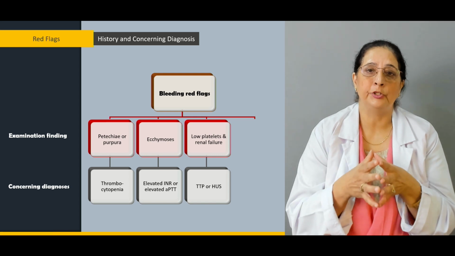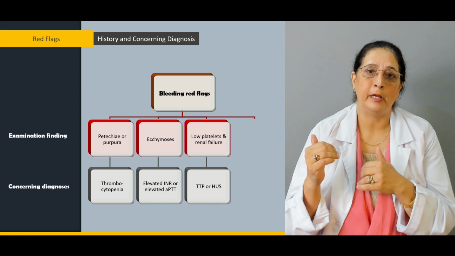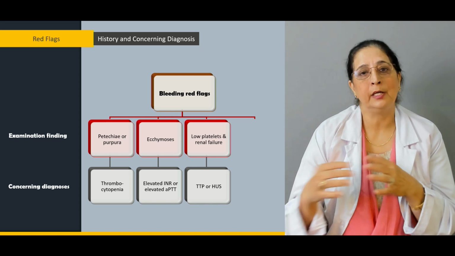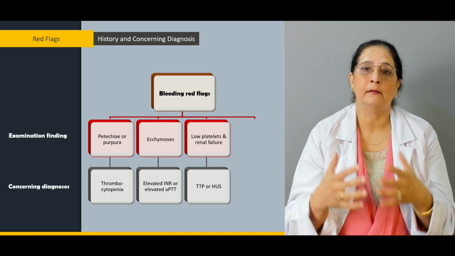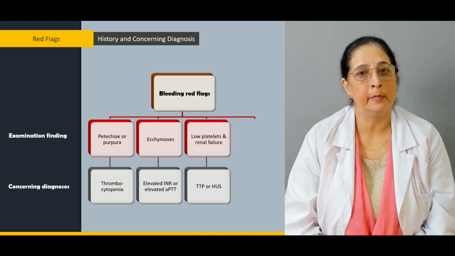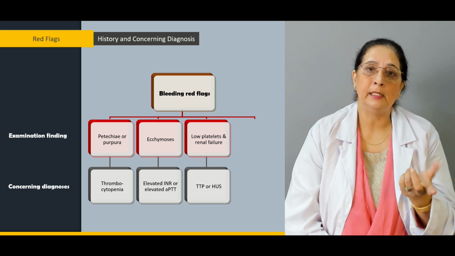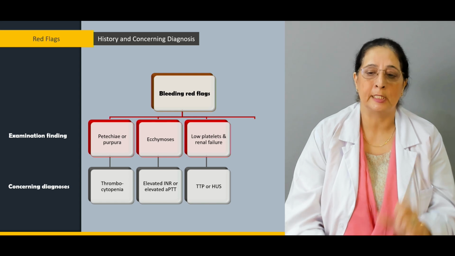Whenever there is uremia, it means there is involvement of the kidneys, because the uric acid is cleared by the kidneys, and when there is increased level of uric acid or there is uremia, it might be hemolytic uremic syndrome.